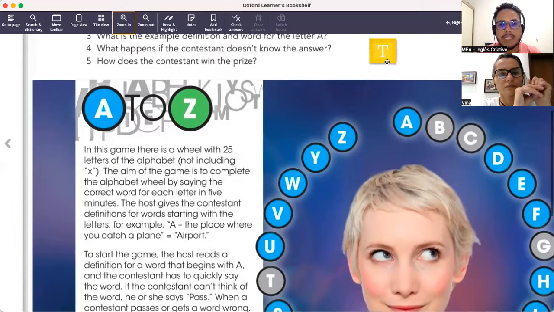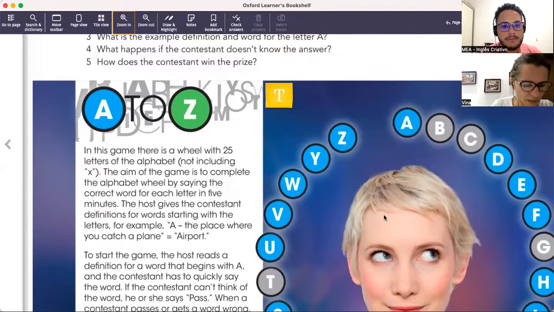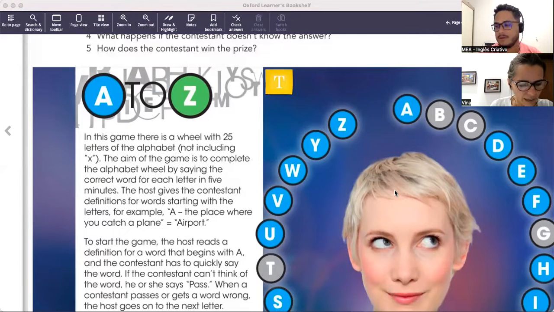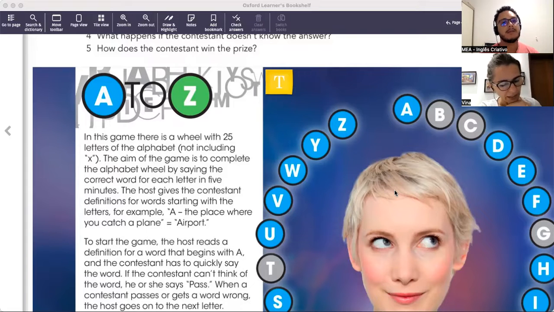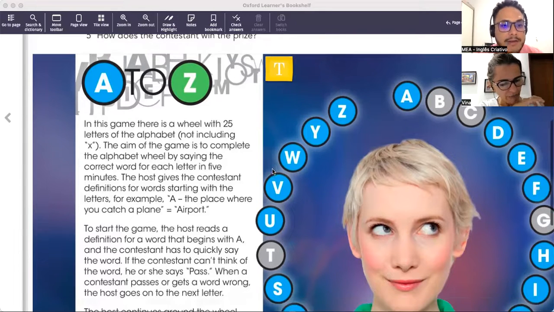Okay, let's read this text here. I want you to read for me, please. A to Z. In this game, there is a wheel with 25 letters of the alphabet, not including Z. The aim of the game is to complete the alphabet wheel by saying the correct word for each letter in 5 minutes.